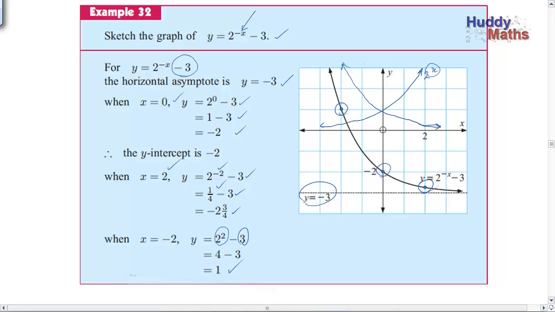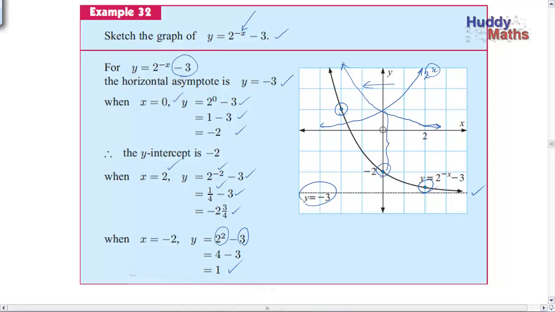Then we subtracted 3. So then it's down here, and that asymptote is down there. So that's what's happened. Just remember, 2 to the neg x is a reflection in the y-axis. It goes over the other side here.